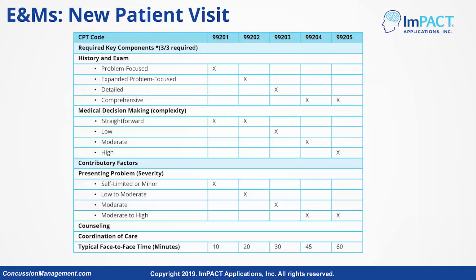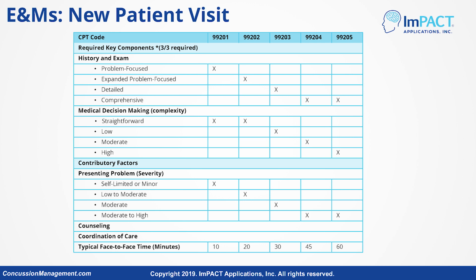These next two charts break down for you how to decide, in a new patient versus an established patient, which of the five levels of CPT code you should select in order to get the right E&M. In almost every case, you're going to end up in 99202 or 99203. In more complicated cases, it's going to be 99204 or 99205.